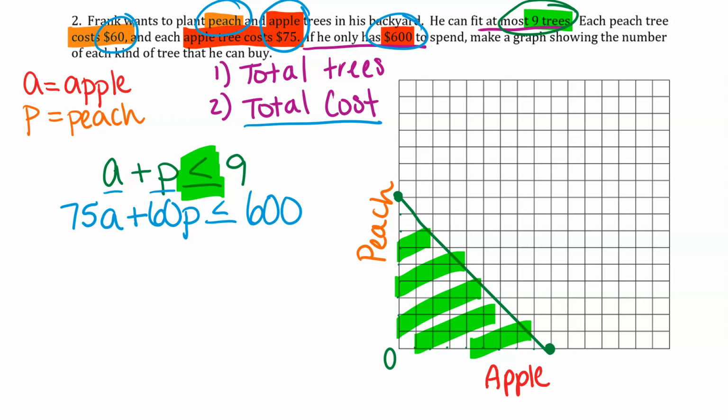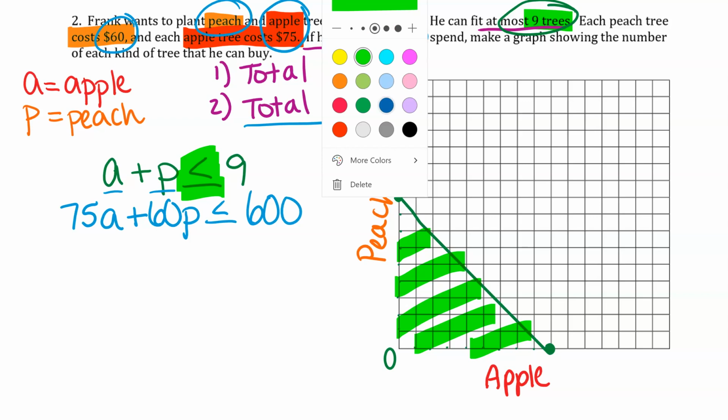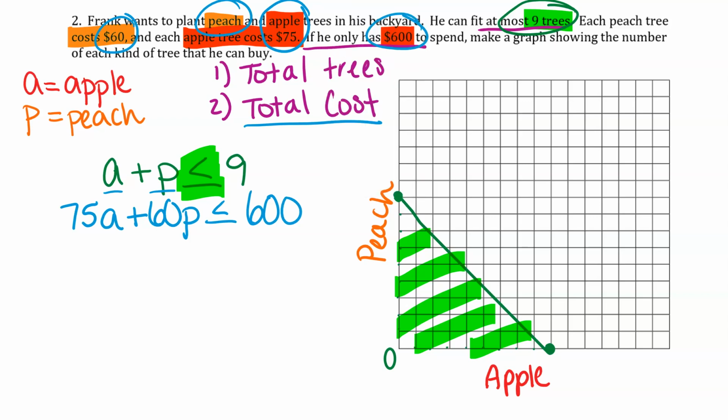Now, we are going to have a little bit of work to do for the other one, and that's okay. We're going to do the same thing on my cost one. We're going to pretend I only buy apple trees, so I'm going to cover up the peach trees. It says 75A equals 600. I don't know how many apple trees I can buy, but off to the side, how many apple trees could I buy if I wanted to hit $600?